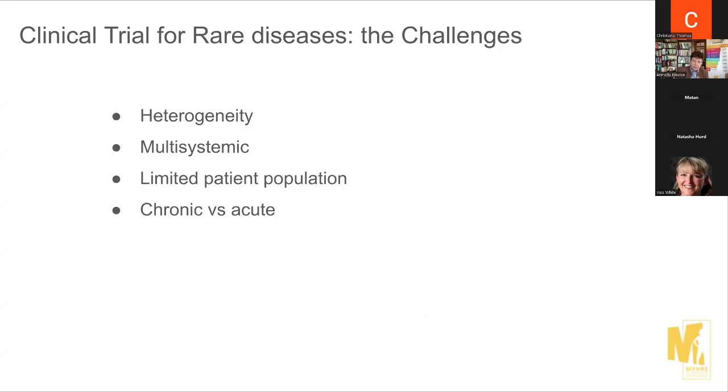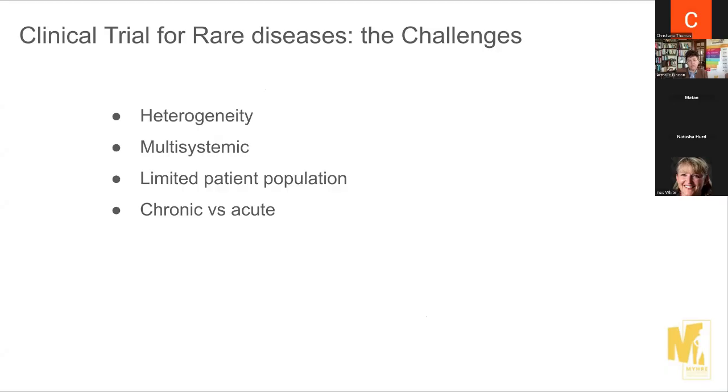So the clinical trials for rare disease are different from the larger disease population like diabetes, for example, or other types of disease where you have a lot of patients. In rare disease, rare is the challenge.